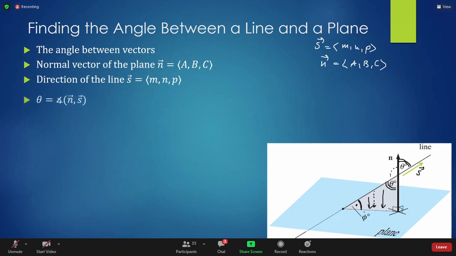So the angle theta is the angle between the two vectors, or rather the two lines containing these vectors, because yes, we might get an obtuse angle accidentally if the directions of these vectors are, for example, like this or like this. It depends.